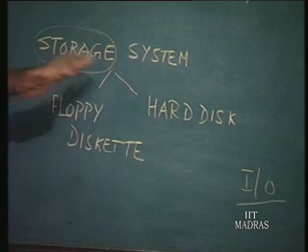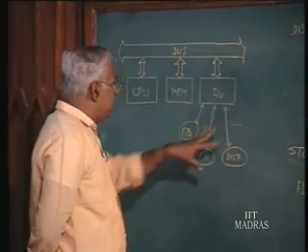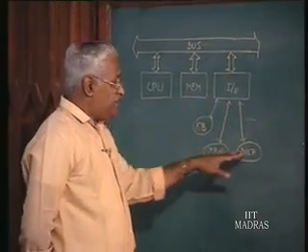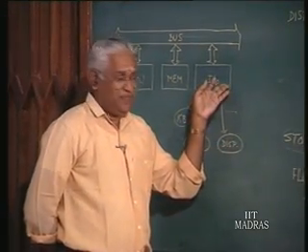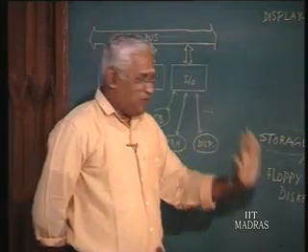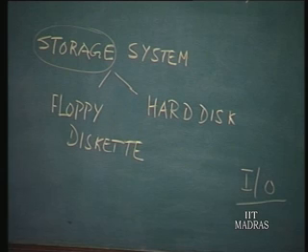So, storage is also for I/O. Like in the case of the other devices, in the case of storage also we would need the appropriate interface. For the floppy subsystem there will be one type of interface, for the hard disk subsystem there is another type of interface, that is what it is.